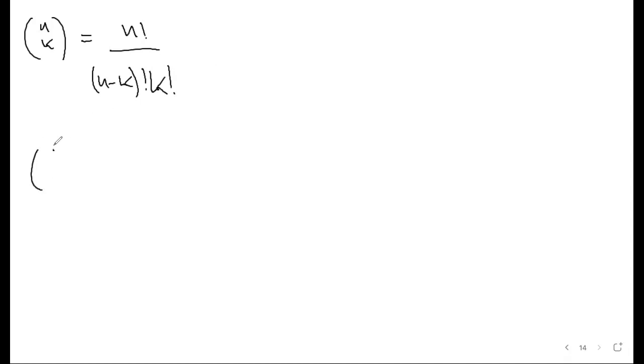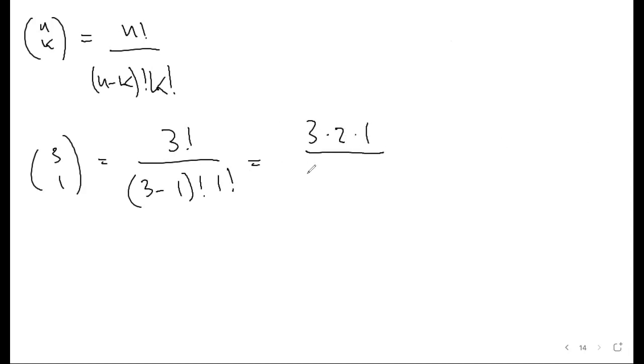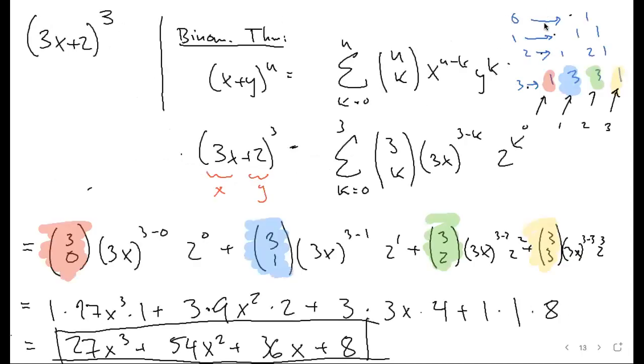So, for example, 3 choose 1 is 3 factorial all over 3 minus 1 factorial, 1 factorial. And then you can just expand this out. This is 3 times 2 times 1 all over 2 times 1 times 1, which is 3. And you would get the same answer as you would have gotten before, right? 3 choose 1, as we said here, is 3.